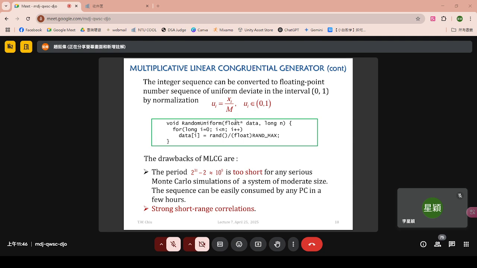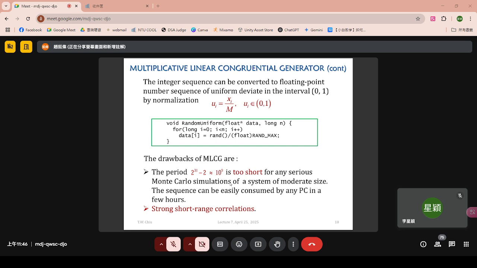So this is a simple random number generator, and of course it's not perfect. There are some drawbacks. The period, 2 to the 31 minus 1 minus 2, about 10 to the 9, is too short for any serious Monte Carlo simulation of a system.